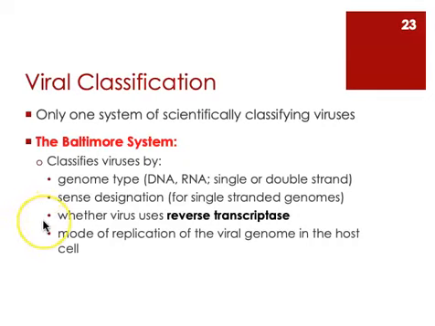The third characteristic that is considered in the Baltimore system is whether or not the virus has something in it, a molecule in it called reverse transcriptase. We'll talk about that in just a minute. And finally, the mode of replication of the viral genetic material. In other words, what process the host cell uses to copy the viral genetic material. So these 4 things are considered for each virus.